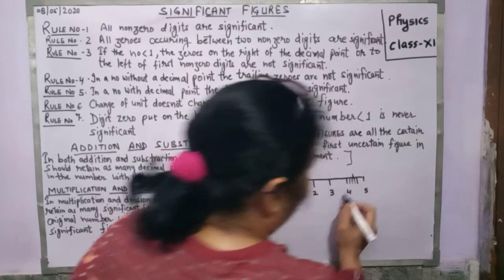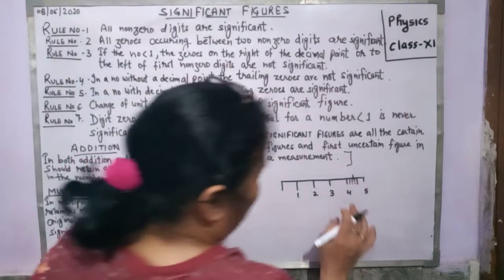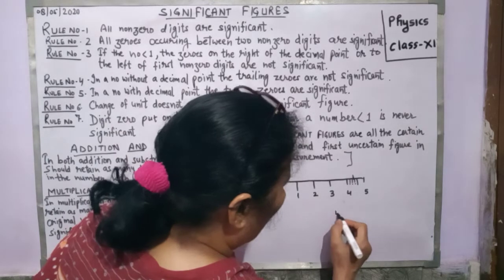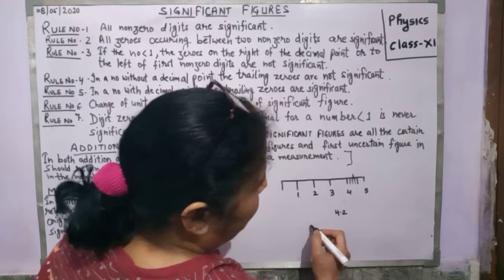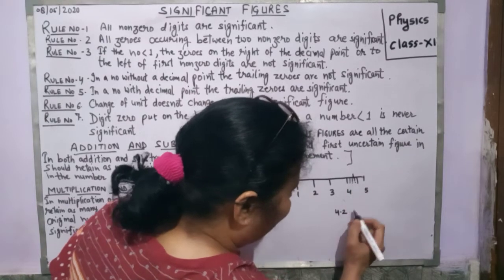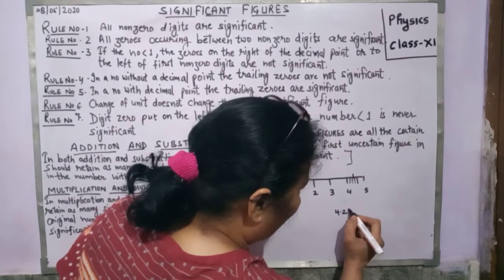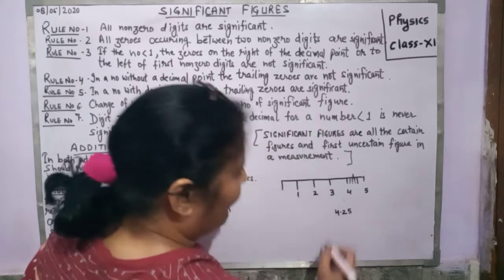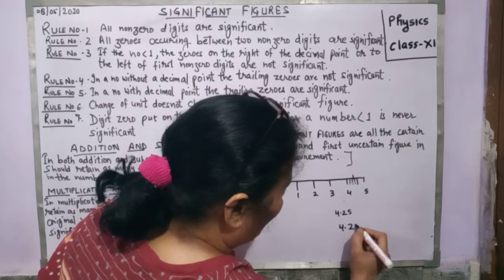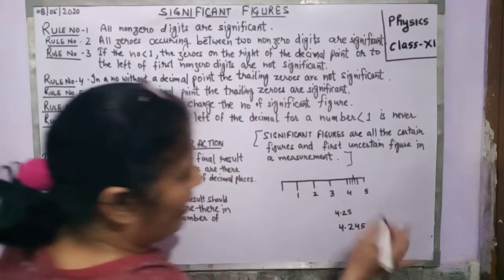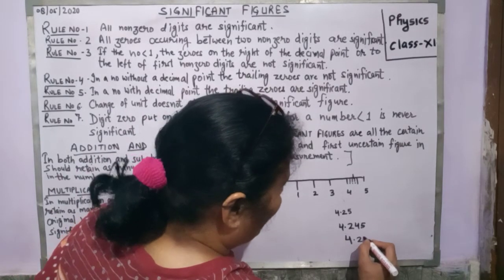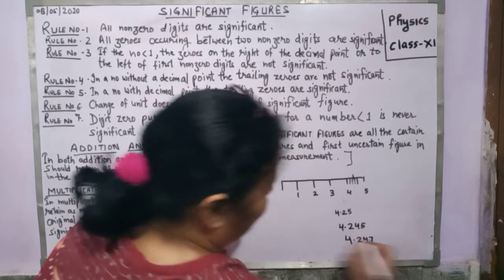Then a certain child can write the measurement as 4.2, which is fixed. If the line lies in between these two, he can write 4.25. Another child can take the reading as 4.245. The third child can take the reading such as 4.247.